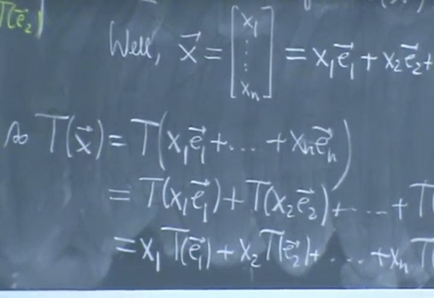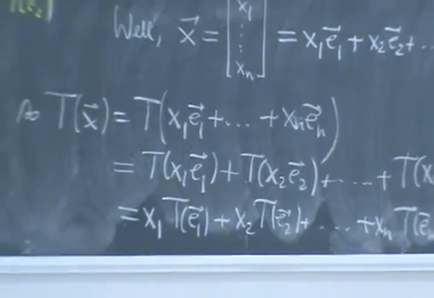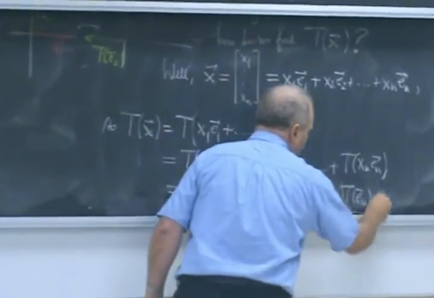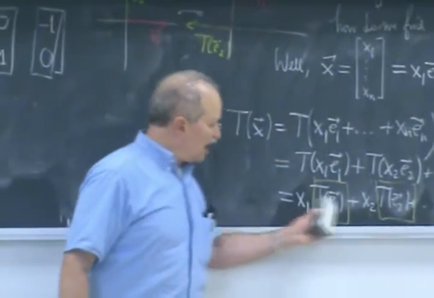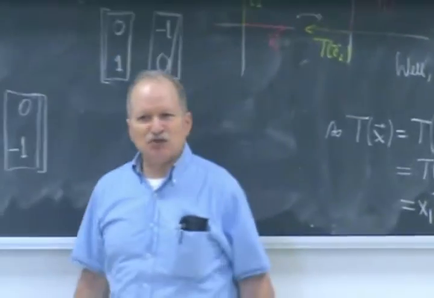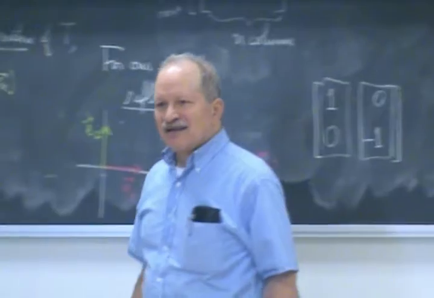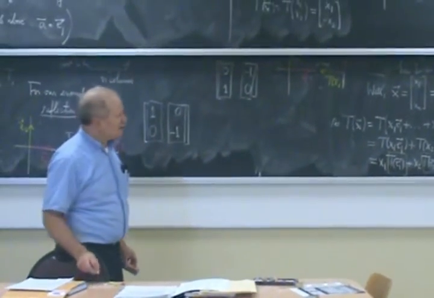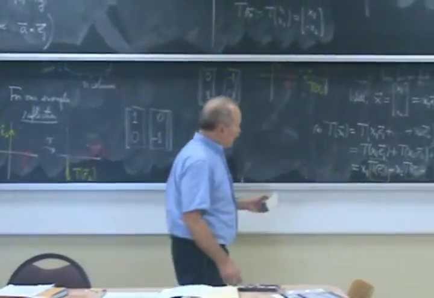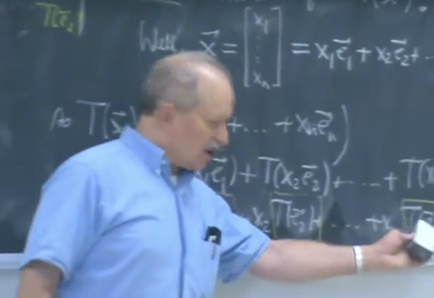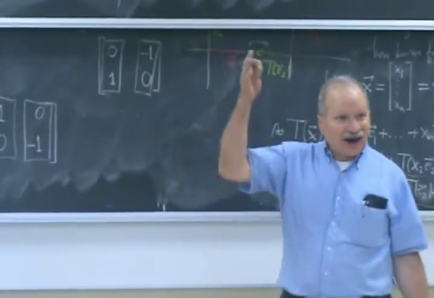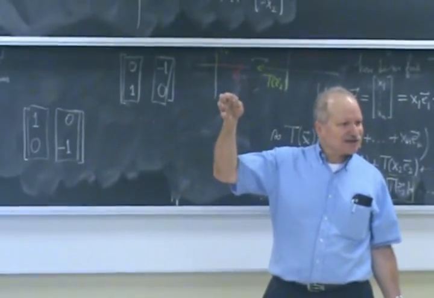So the rule is, if you know these guys, they tell you that all you do is put in the x's as coefficients and you're done. Well, where do I have the information of what these things are? They're the columns of the matrix.